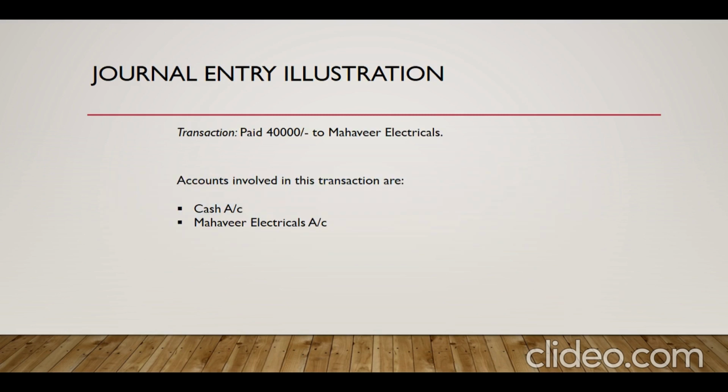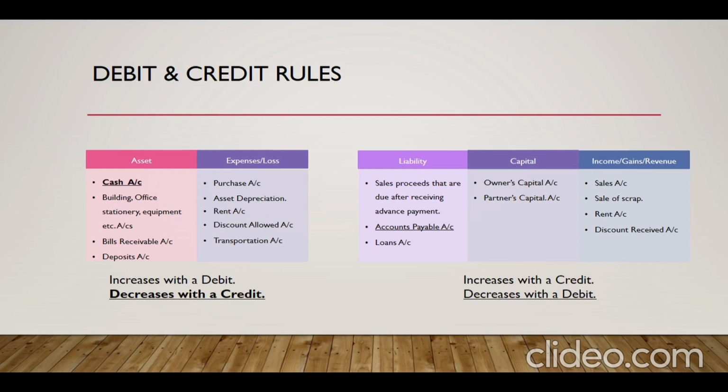In this transaction we are paying cash to the supplier for a credit purchase, and the accounts involved are the cash account and the supplier's account. There is a decrease in cash, and there is also a decrease in liability, and by rule a decrease in cash is denoted with a credit and a decrease in liability is denoted with a debit, and accordingly we pass the journal entry as follows.